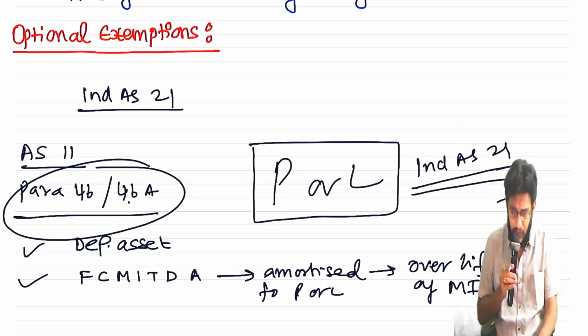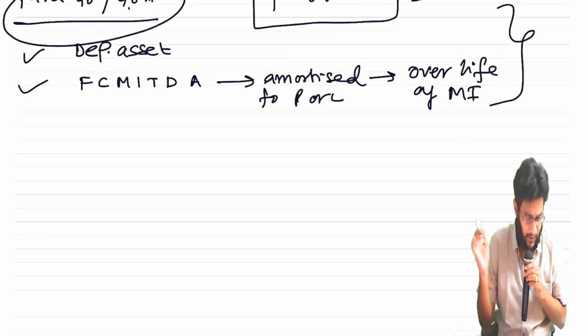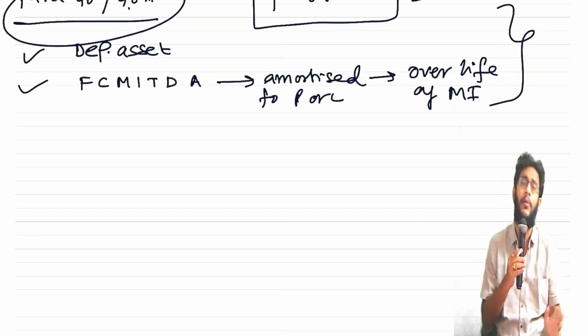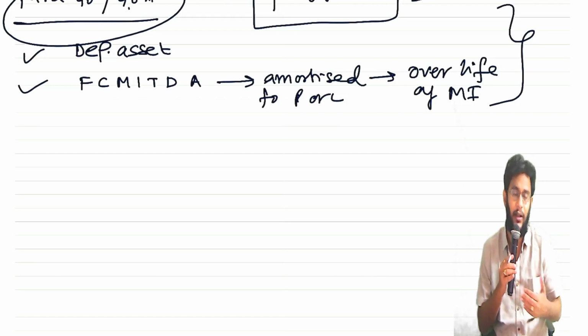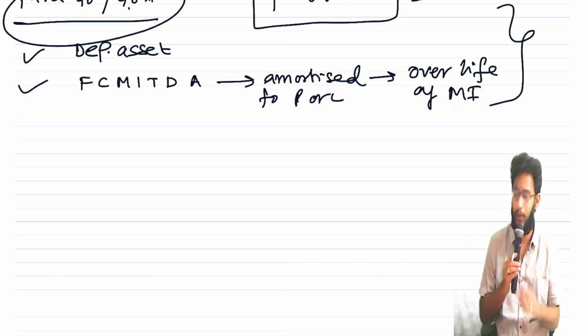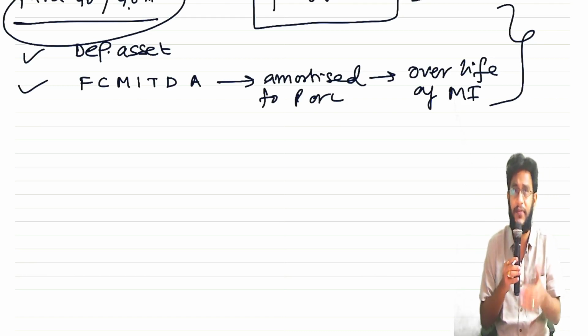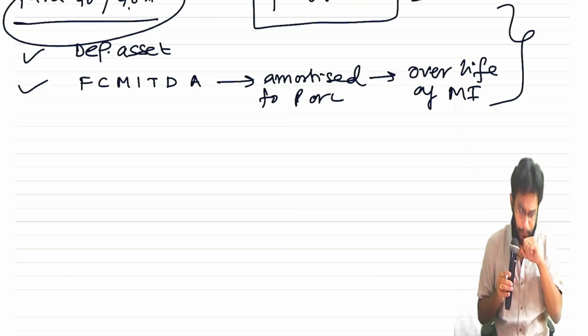exemptions. So in optional exemptions, we have covered share-based payment exemption, which is a very important one. Ind AS 21 related one is paragraph 46, where a continuance is allowed. That is one point. And the entities who have this FCTR reserve in their balance sheet, they can reset that balance to 0.